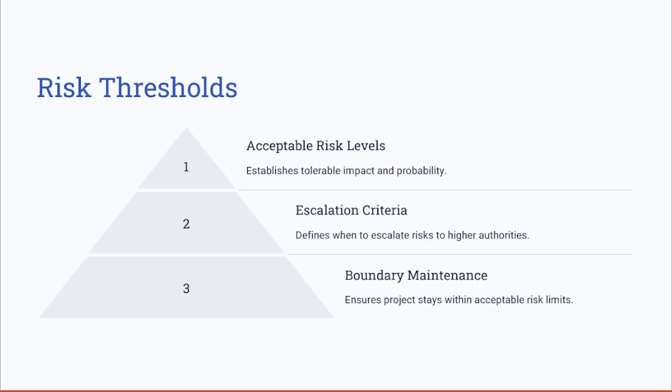You can say that it's the risk appetite or tolerance of the organization. So if the risk exceeds the thresholds, it must be escalated for further analysis or action. Establishing clear thresholds ensures that the project team can effectively manage risks and make informed decisions about risk responses.